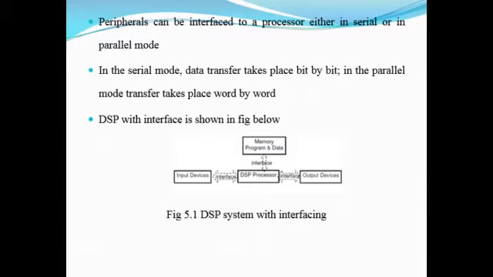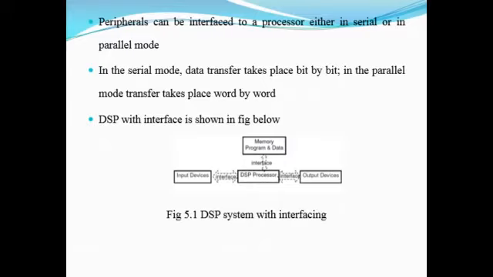Peripherals can be interfaced to a processor in two different modes: serial and parallel. We can have serial communication between a DSP processor and the I/O peripherals, and similarly a parallel mode of communication.